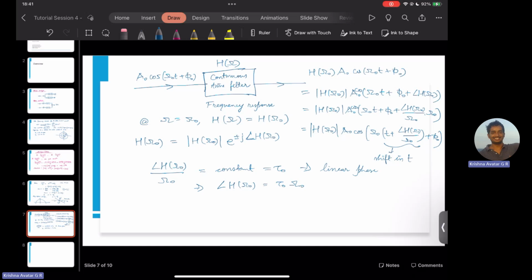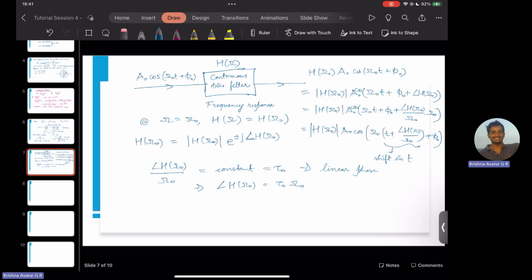Okay? And this is what we call the linear phase. The major advantage of this is that it changes the phase linearly, and that is very useful to us, right? So it makes the computation much simpler.